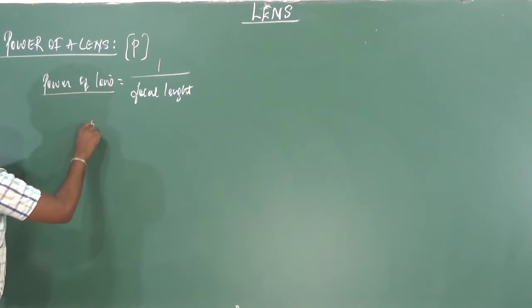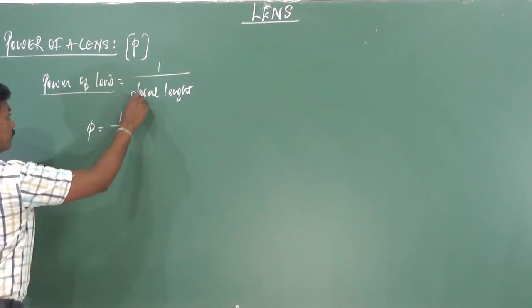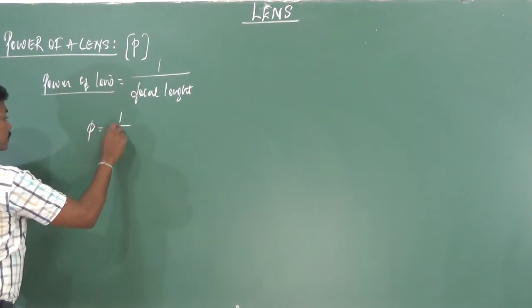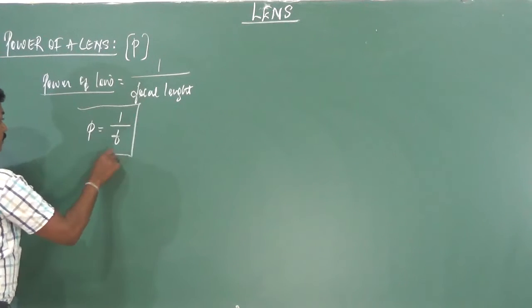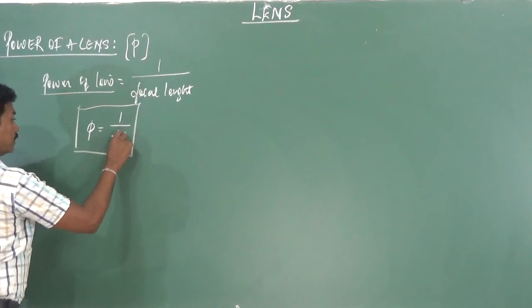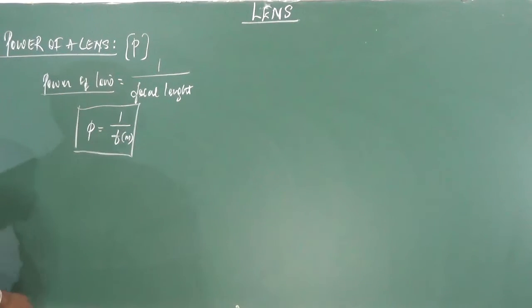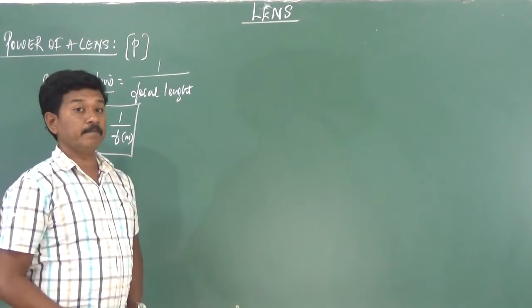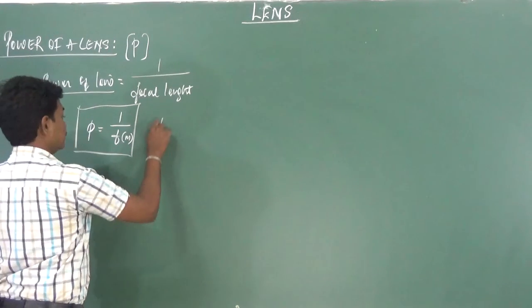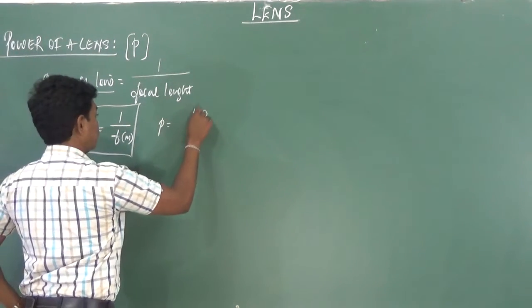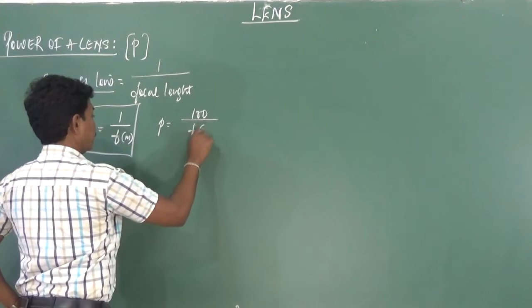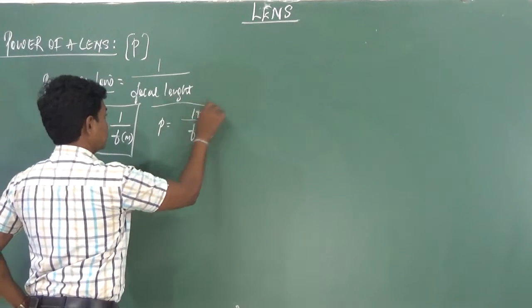Power of lens is written as P and focal length is written as f. So P = 1/f is the formula for the power of a lens when the focal length is given in meters. Power of a lens is also defined as P = 100/f when the focal length is given in centimeters.